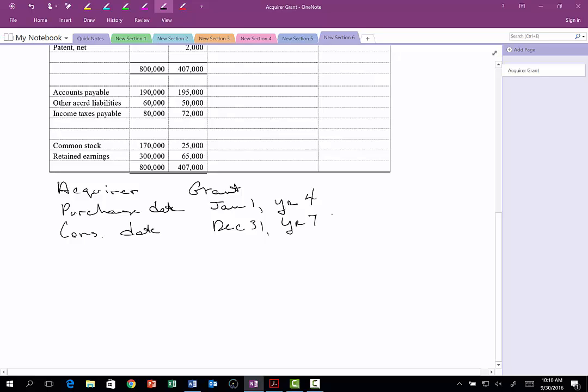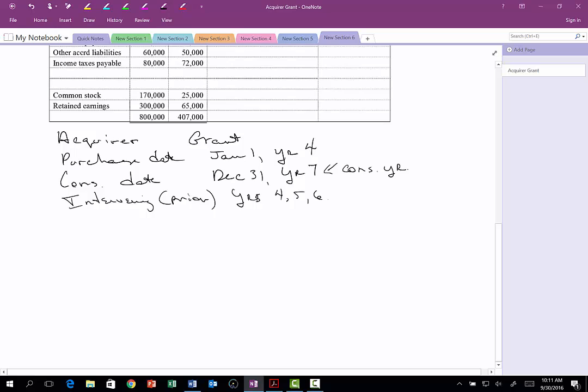So what that means is this is my consolidation year, and my intervening years or prior periods are going to be years 4, 5, and 6. Okay? Just makes me clear on the problem when I have that information down.